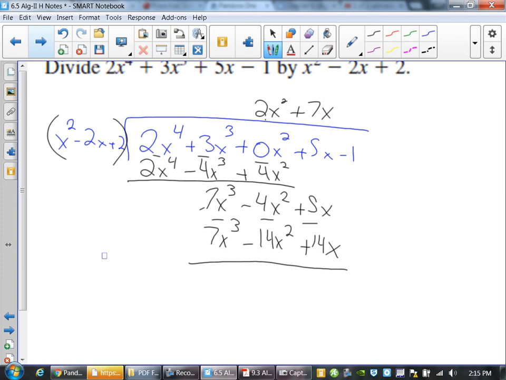I wanted to turn the x squared into 7x cubed, so I multiply it by 7x, and then I distribute through again. 7 minus 7, gone. Negative 4 minus negative 14, 10. 5 minus 14, negative 9. And then I bring down the negative 1.